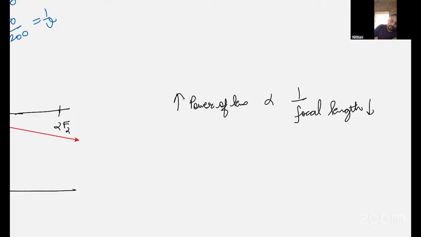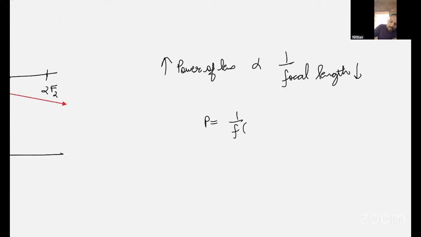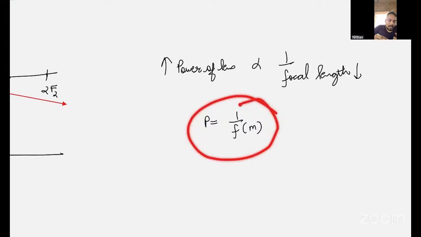Now we get one formula: power is equal to 1 upon f, or 100 upon f. If in the question it is written in meters, like 10 meter, 20 meter, 30 meter, then we have to use this formula. And if it is written as 20 centimeter, 100 centimeter, 60 centimeter, then we have to use this formula.